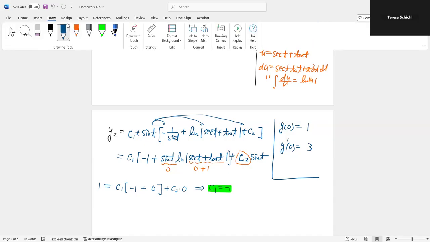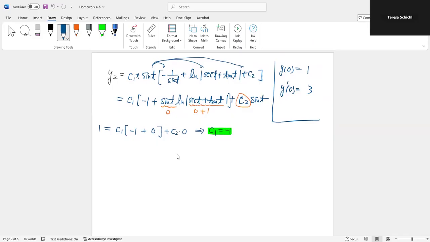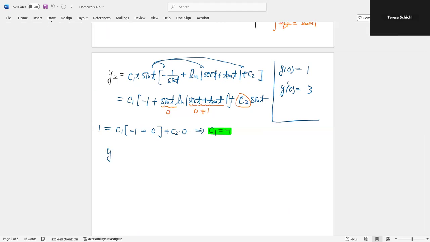Now what I need to do is take y2 and find the derivative. The derivative y2 prime is going to be C1, so -1 becomes a constant.